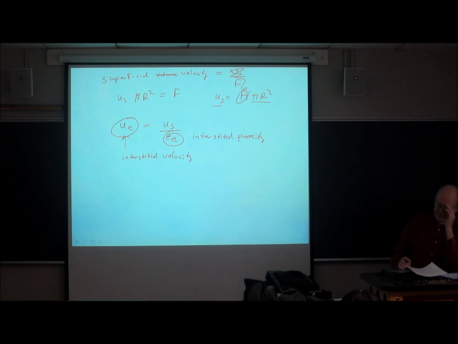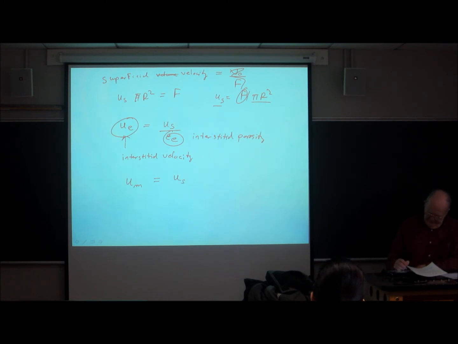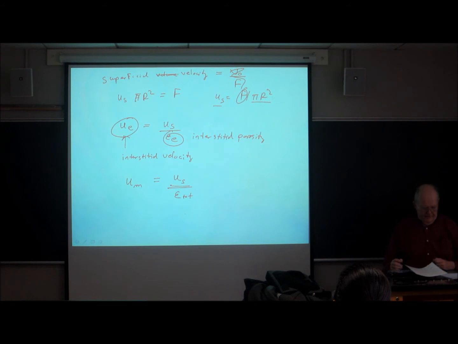Now, the actual velocity of a chromatographic zone of unretained stuff, if we're dealing with porous particles, is equal to the superficial velocity divided by the total porosity of the bed.